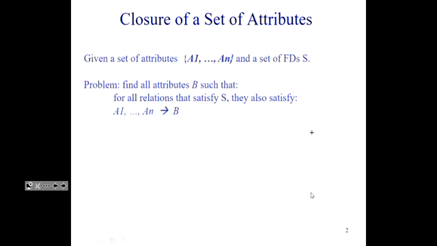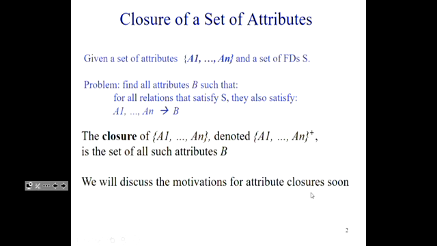So it was basically all attributes that are in some sense dependent on this set of attributes. So the closure of a set of attributes is denoted with this plus superscript here.